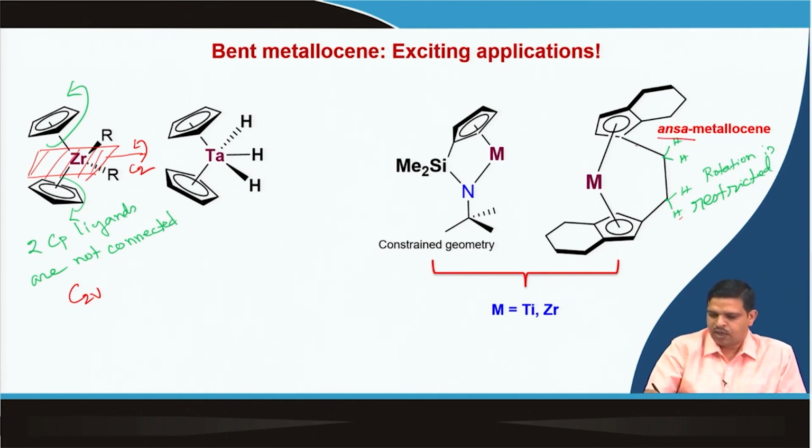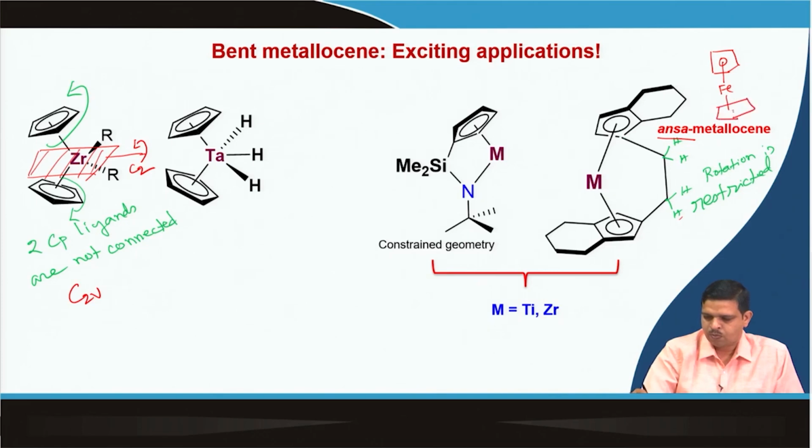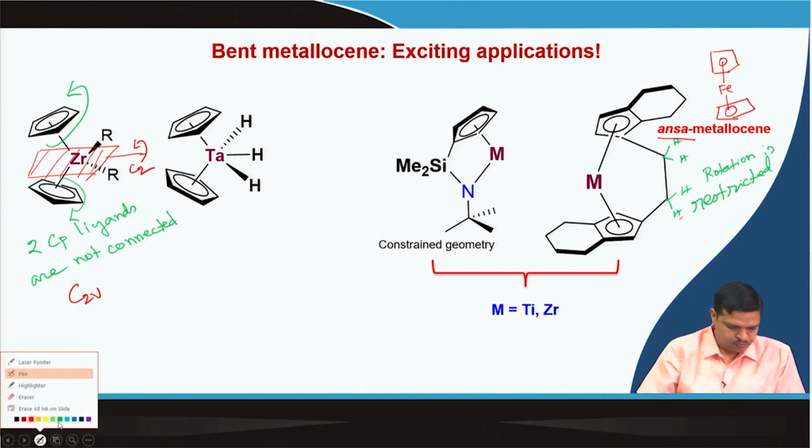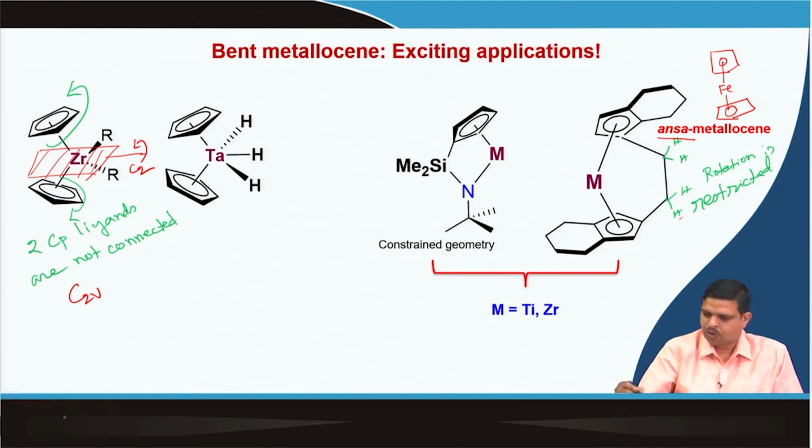ANSA means that you see this ring is closed through a different atom. If you have a scenario like this, and you are forming a ring here, this is called ANSA.